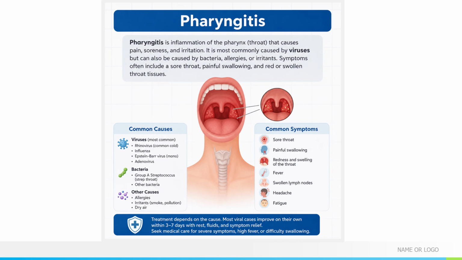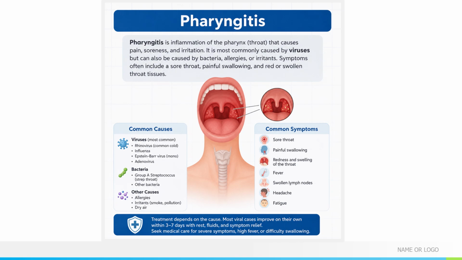Some risk factors and causes. Although viruses are responsible for most cases, several factors increase a person's risk of developing pharyngitis. So things like rhinovirus, influenza, adenovirus, Epstein-Barr virus, group A strep. Some non-infectious causes include seasonal allergies, dry air, cigarette smoke or vaping, environmental irritants such as pollution, and gastroesophageal reflux disease, or GERD, which can chronically irritate the throat.